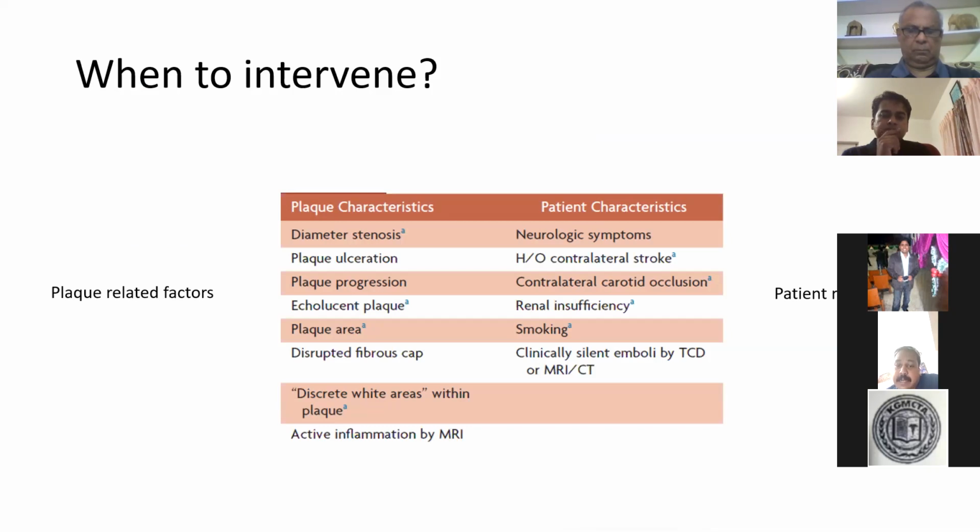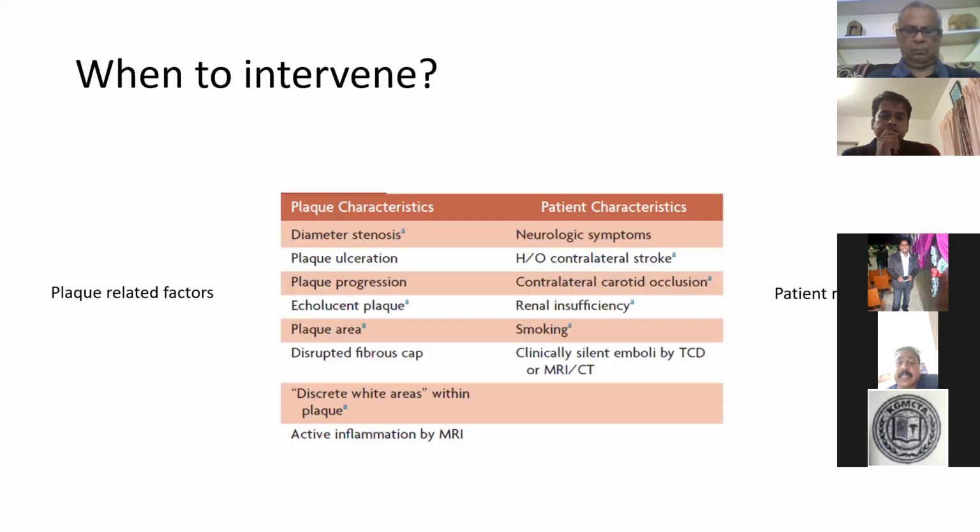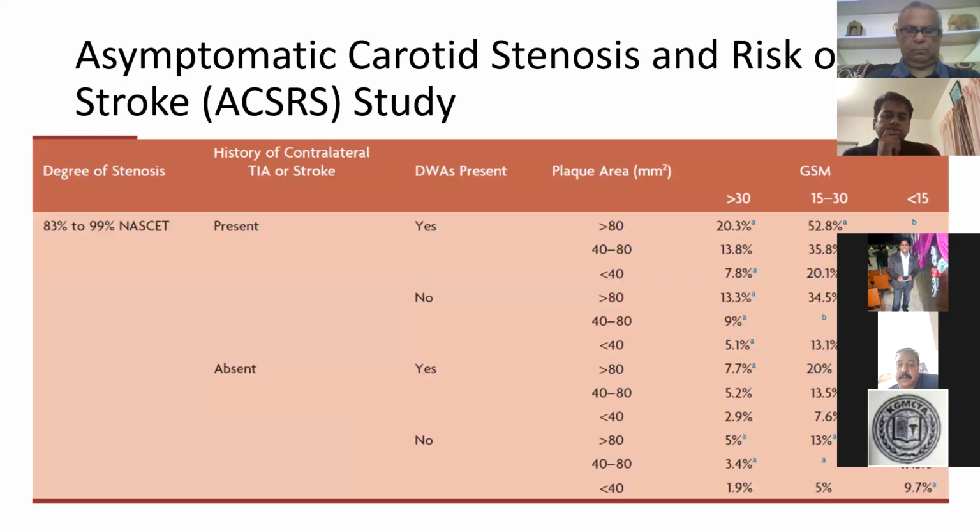And among the patient factors, the prior neurological symptoms is the most important predictor. This is summarized in the ACRS study. ACRS has grouped the patients into two categories, symptomatic and asymptomatic, based on the plaque characteristics so that it predicted the future risk of stroke.